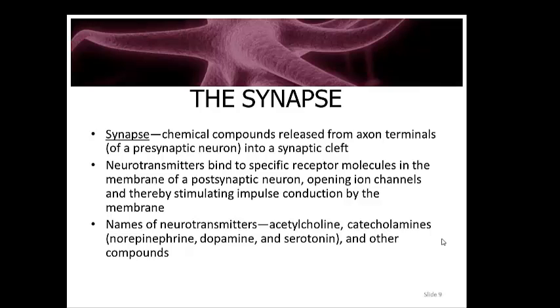The names of these neurotransmitters are acetylcholine, catecholamines, and some other compounds. Norepinephrine, dopamine, and serotonin are the types of catecholamines.